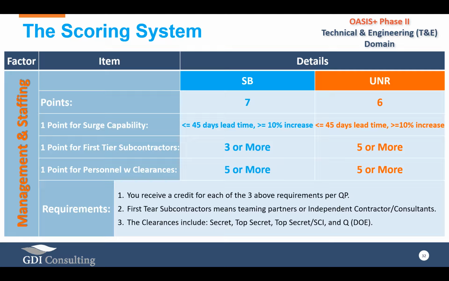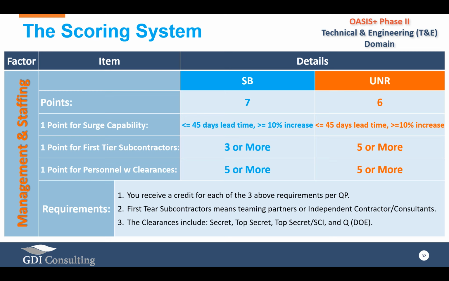And subcontractors doesn't mean the entire duration. Maybe you use the subcontractor for only a day, for five days, a week, whatever. And consultants also count. Or if you use 5 or more personnel with clearance, secret, top secret, SCI, or Q for Department of Energy contracts, 5 or more, and then you get a point for each of these.